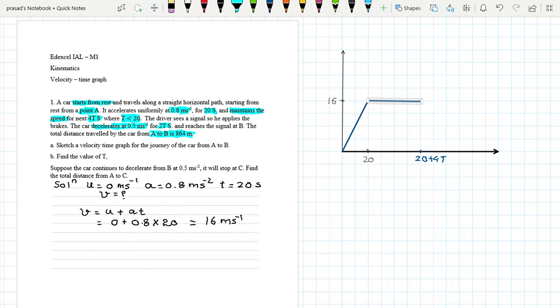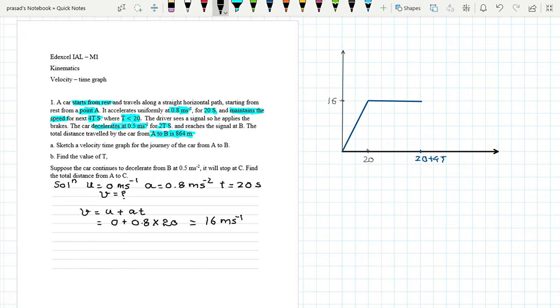After that, the car is going to decelerate and stop at B, which means it will reach the point B. So let us see what will be the velocity at point B. We have to find out the final velocity at point B.